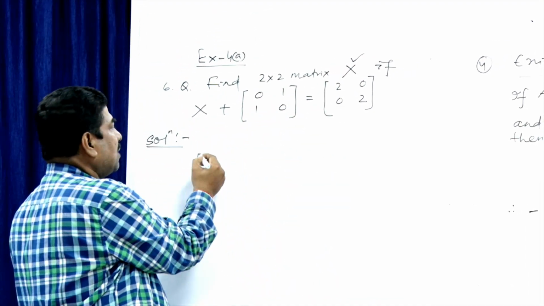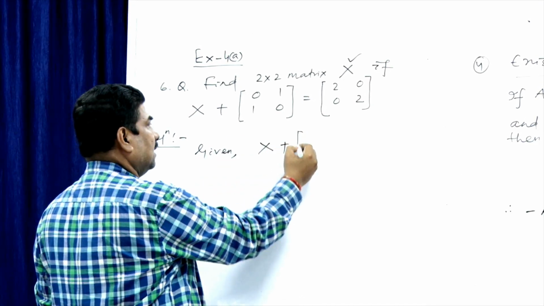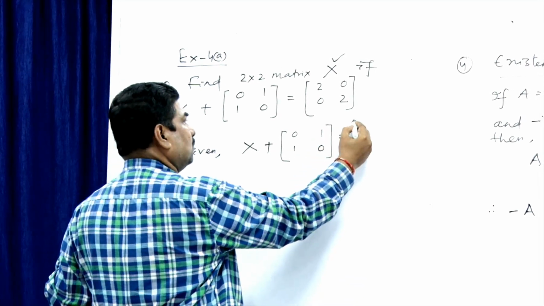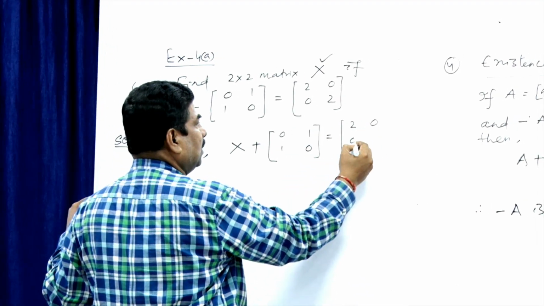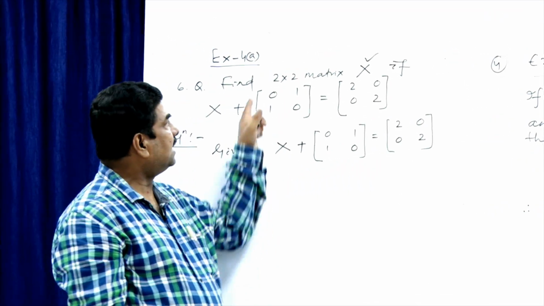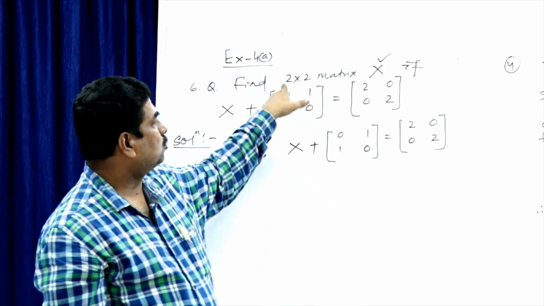First we write the given: X plus [0 1; 1 0] is equal to [2 0; 0 2]. I have already explained that the required matrix is automatically of order 2 by 2.